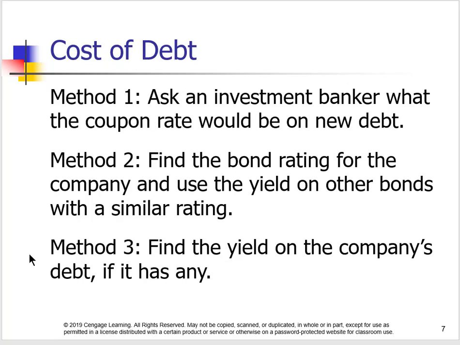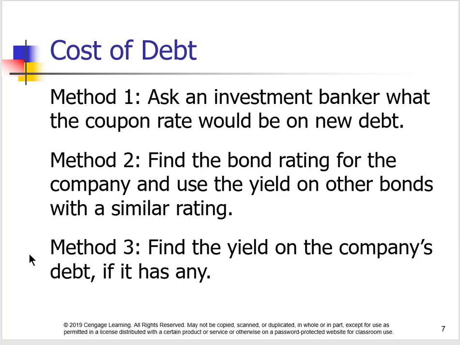So there are a couple of methods. The first thing we could do is we could ask an investment banker what the coupon rate would be on new debt. That's one way. Another way we could do this is we could find the bond rating for companies that use the yield of other debt.